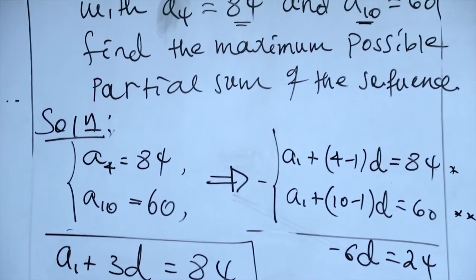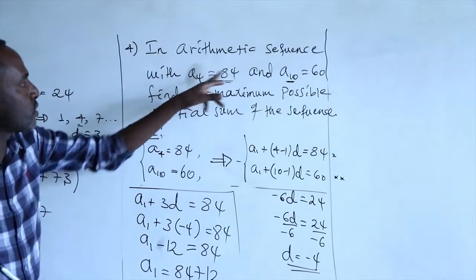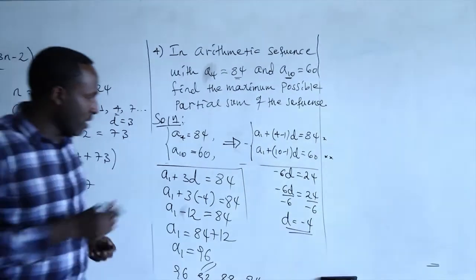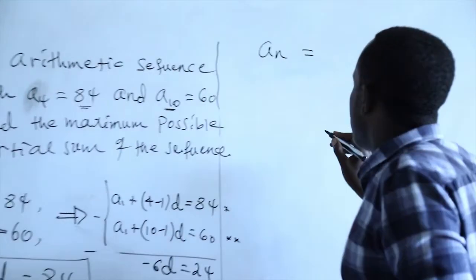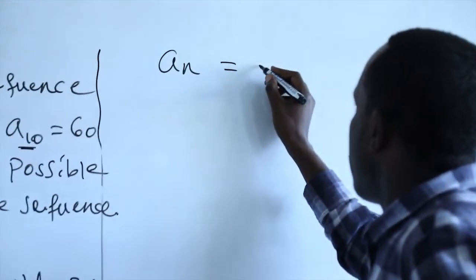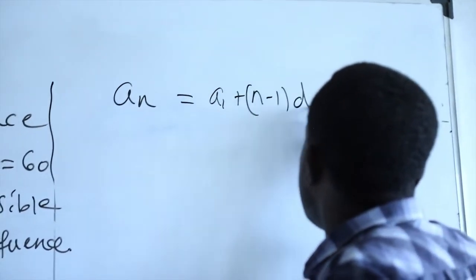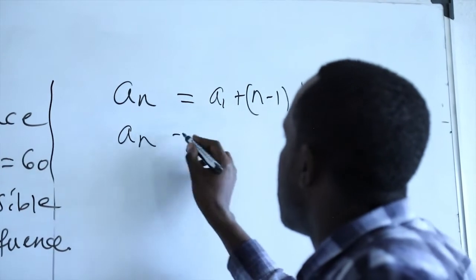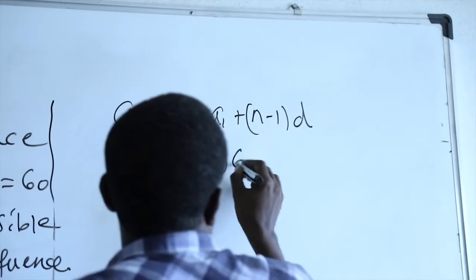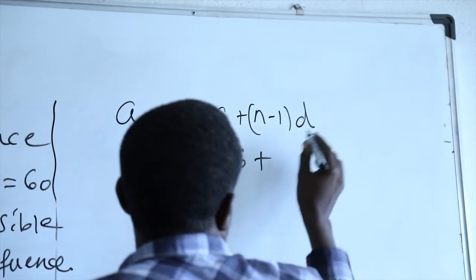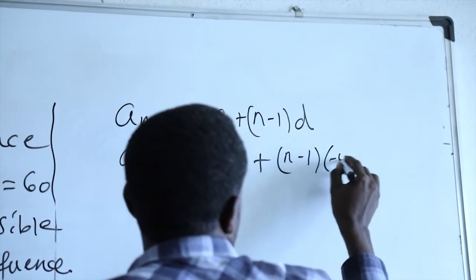So the fourth term is equal to 84. Now, what will be the general term AN? Recall AN equals A1 plus N minus 1 times D. So AN equals 96 plus N minus 1 times the common difference, negative 4.